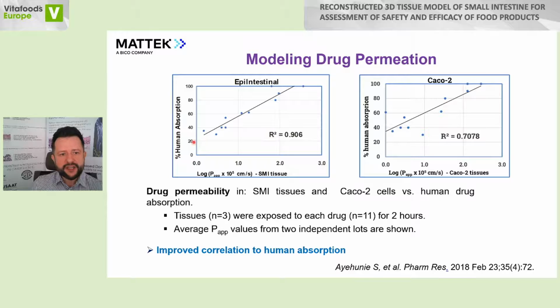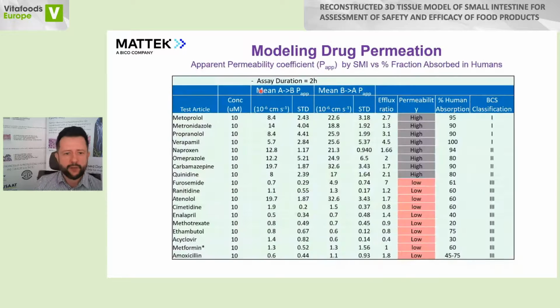But as you can see, when they compared our model to CACO2 and compared both results to the actual in vivo results from the human absorption of these drugs, I'm not going into details of which they were, but you can see a much better correlation with normal absorption in the case of the EpiIntestinal model than in the cell line based model. This is just the summary of this experiment.